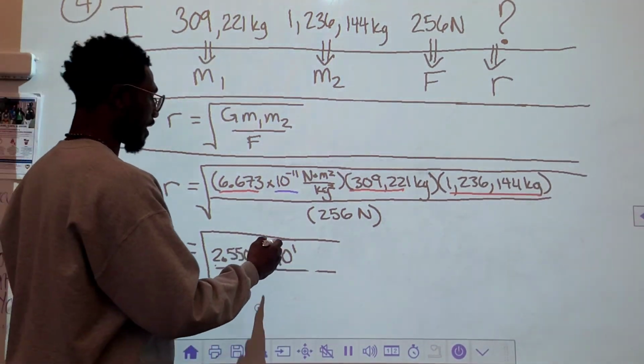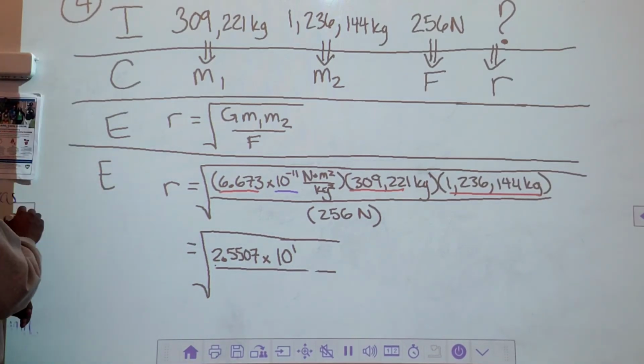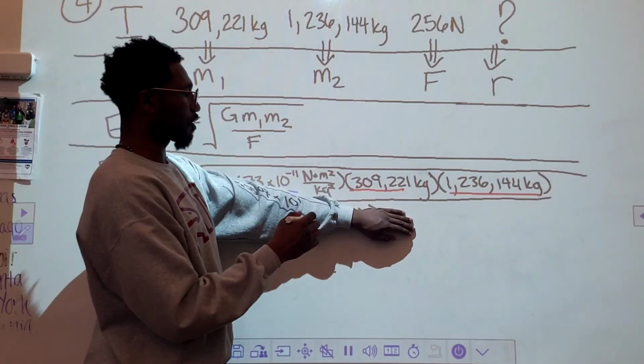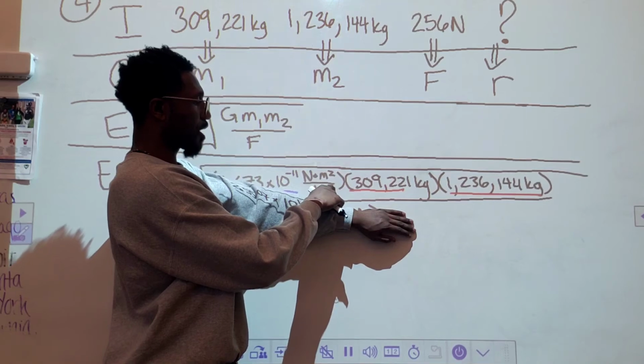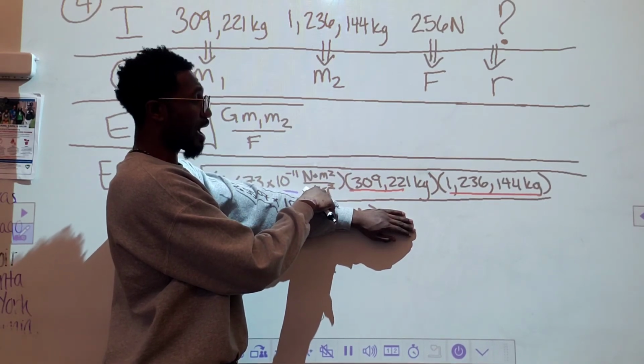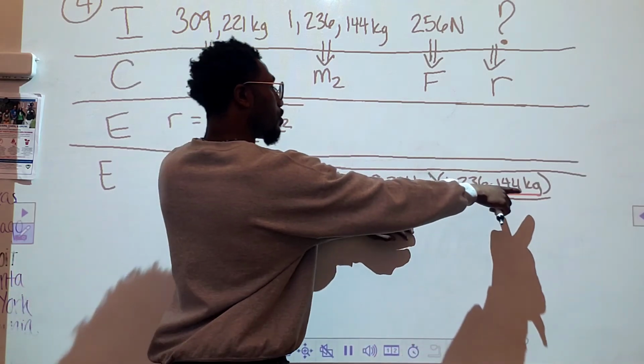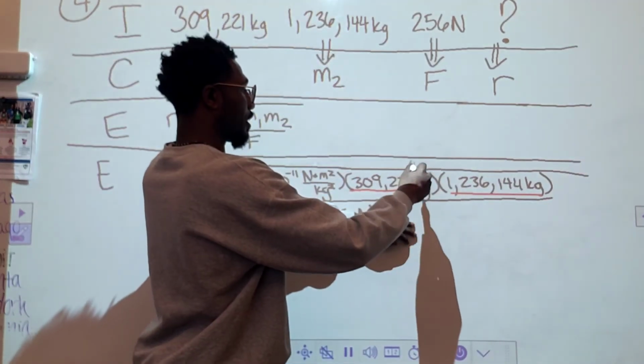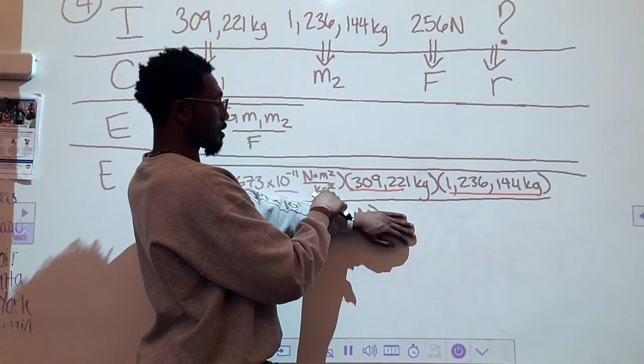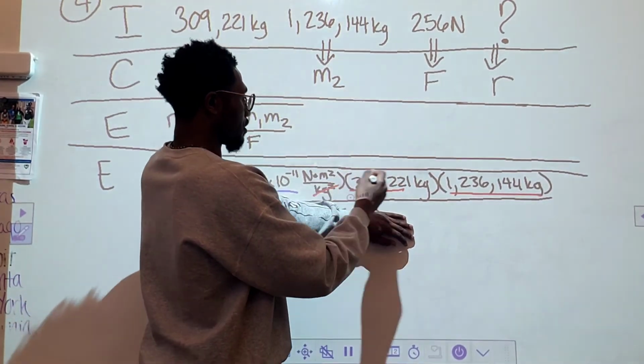All right. Now, just like the last problem, we need to keep track of our units. So we've got kilograms squared, and that's in the denominator of this unit right here. But we've got 2 other kilograms up top. So those 2 kilograms cancel out with these 2 kilograms. So we're going to cross those out.